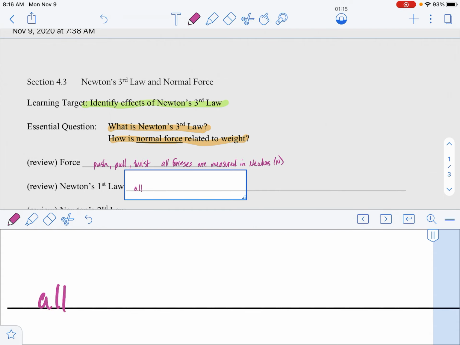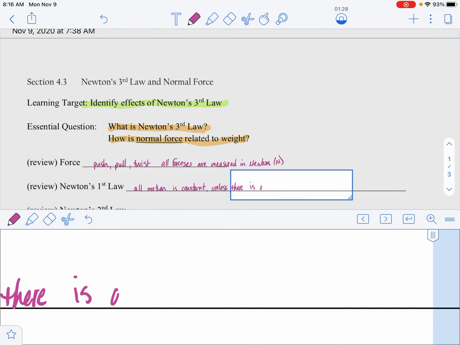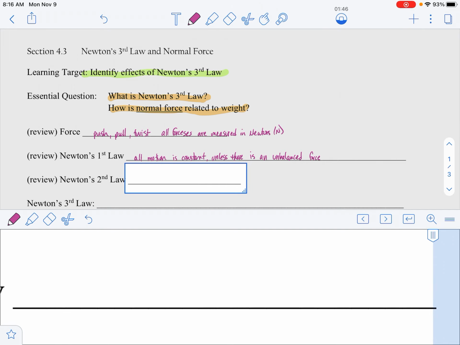So all motion is constant, moving or not moving, unless there is an unbalanced force, you might also hear it called an outside force. So remember we talked about bowling balls, right? That bowling ball is just going to sit there unless you do something to it, unless you push on it or something.